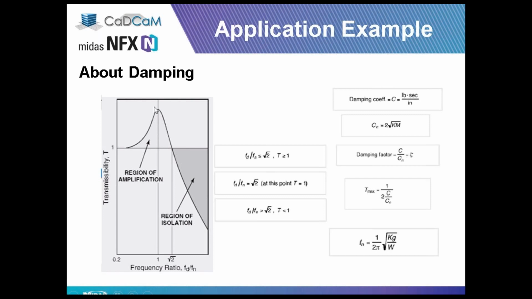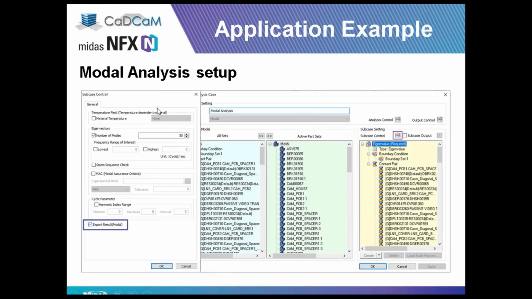And 1, of course, is the maximum transmissibility, while fd over fn equal to 1 is the resonance.